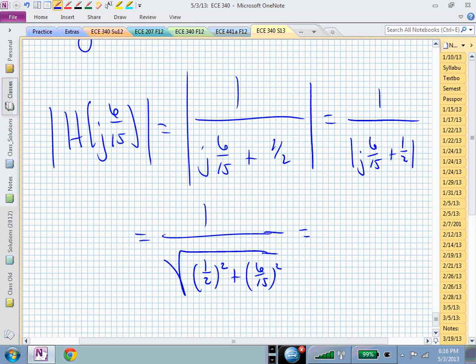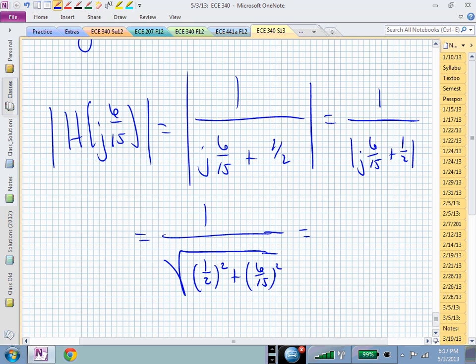So now we have 1/2 squared, which is 0.25. This is a little bit more than a third. That's 0.3. So we have 0.5, let's say, down there.